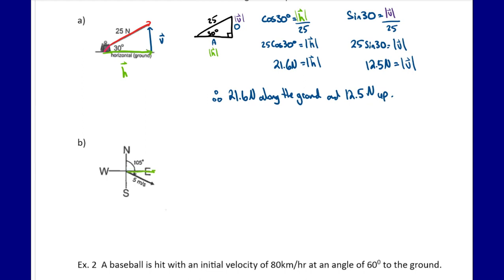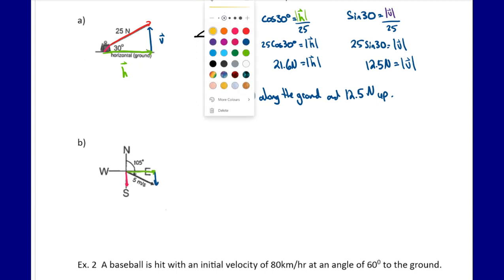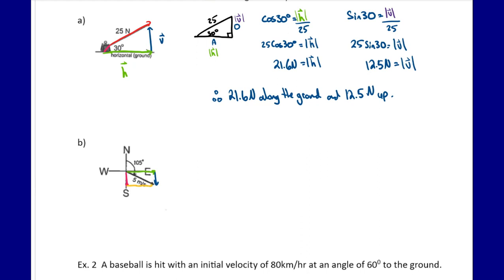You could represent it this way, or you could represent it this way. So we have two different ways that we could draw the triangle. Either one is fine. It would just change whatever angle you're using.